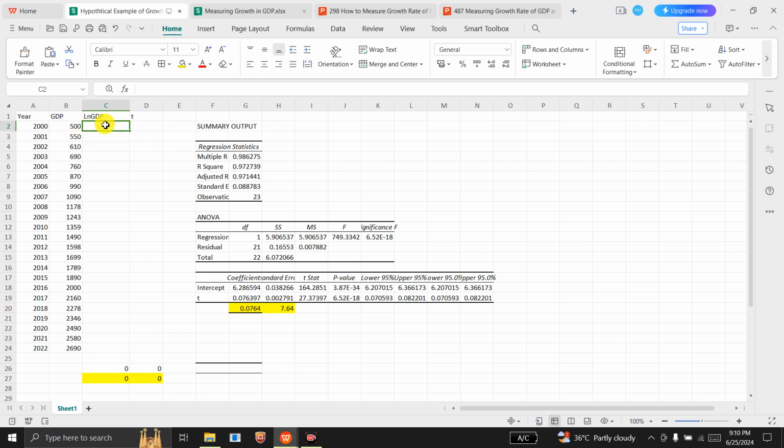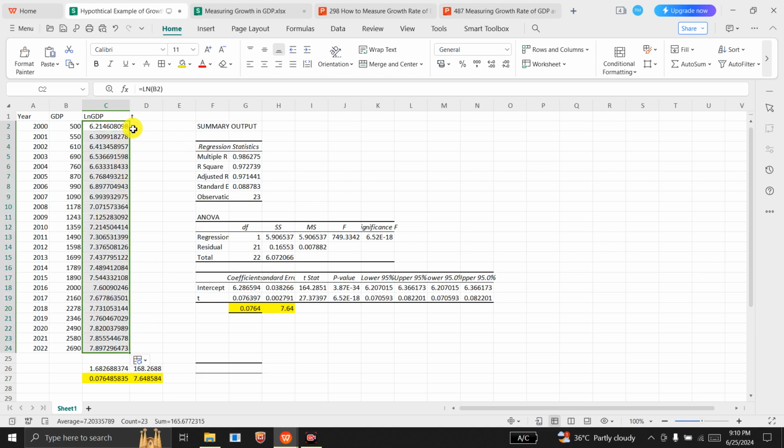Since I'm using the log difference formula as well as the econometric model using the log-lin model, I need to compute the natural log of GDP. So this is the natural log of 500, which is the GDP for the year 2000. If I copy this, I get the whole series.